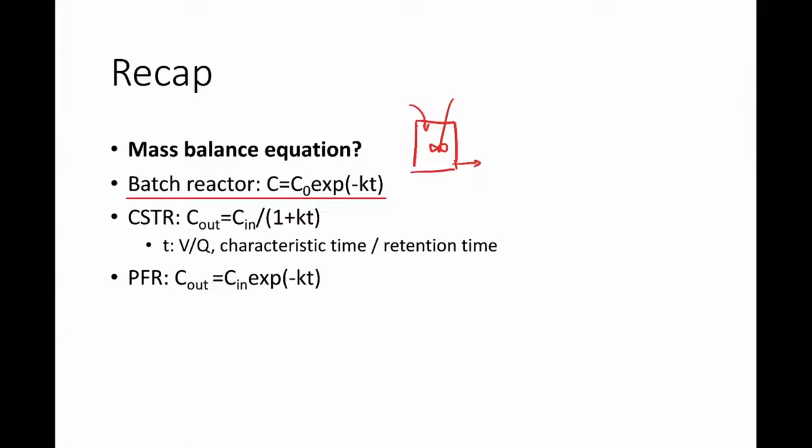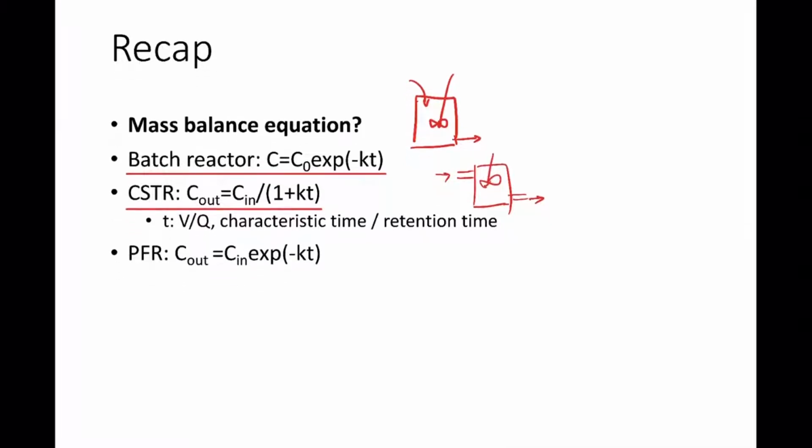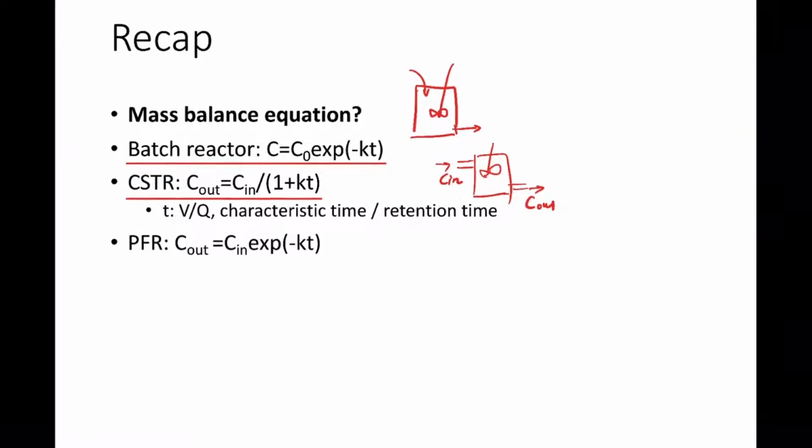We also learned about the CSTR. The CSTR is the same as the batch reactor, except that it has an inlet and outlet for continuous flow. So you have inflow, outflow, and at the same time the reaction taking place. If we know the inlet concentration, we can calculate the outlet concentration: C in, the inlet concentration, divided by 1 plus KT.